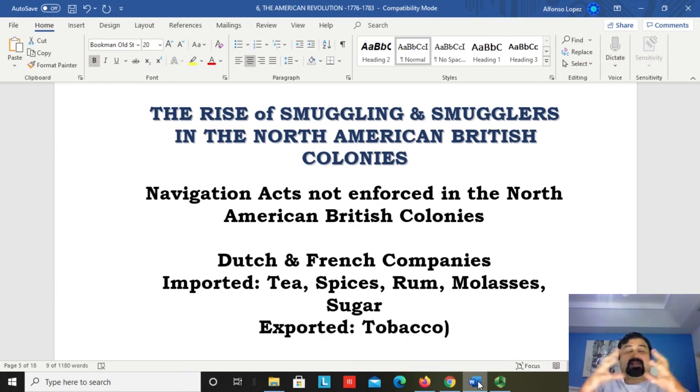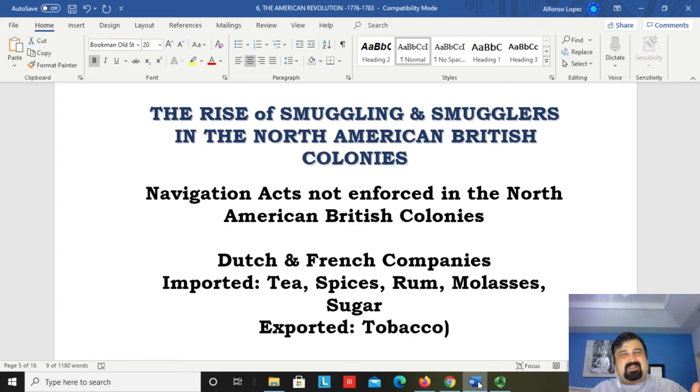An enclosed system means that the trade taking place between the mother country and the colonies is not going to allow the participation of non-British merchants, non-British parties. They're going to be totally excluded, and those that are trying to get into the circuit of this trade are going to be violating this particular law, and therefore this is going to lead to certain charges. For example, the charge of smuggling.